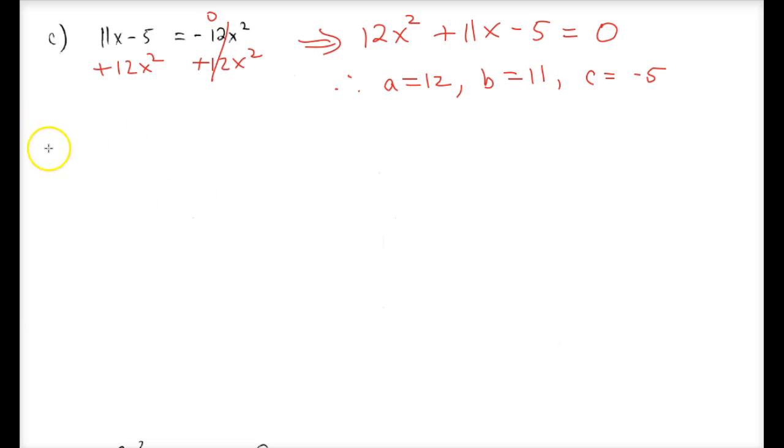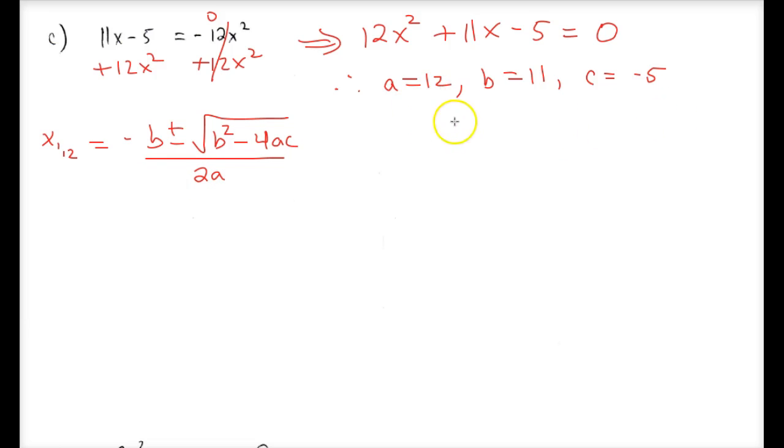So from there, we can actually use our quadratic formula. So negative b plus or minus square root of b squared minus 4ac all over 2a. And here we'll go ahead and calculate the discriminant first. Kind of make that a bit easier for us here.